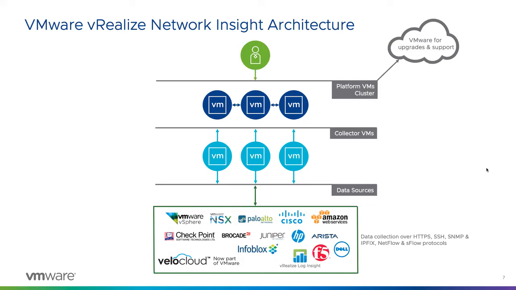So as you can see, it's very vendor agnostic as far as vRealize Network Insight goes. And then from the collectors and the platform VMs, we also have some capabilities around VMware upgrades and support, especially if you're utilizing vRealize Network Insight Cloud, which is our SaaS offering that I'll touch on in a bit.